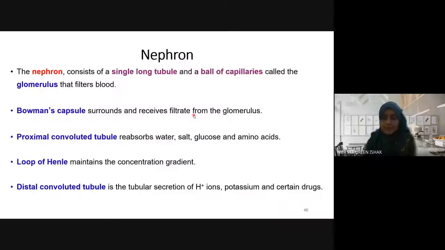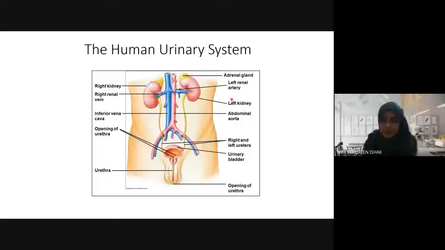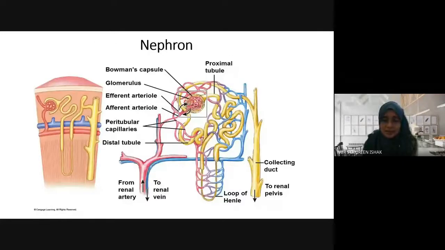And then starting of the blood capillaries is the glomerulus, and then out into the blood vessels that surround the proximal and also distal tubule. So this is the glomerulus.